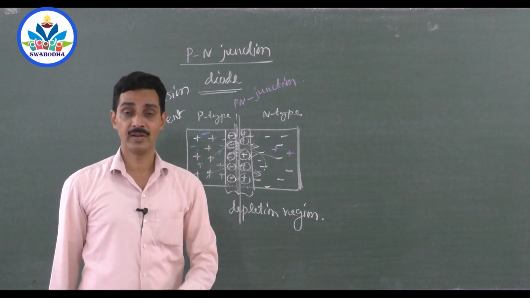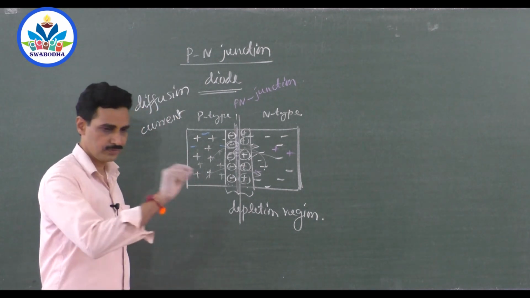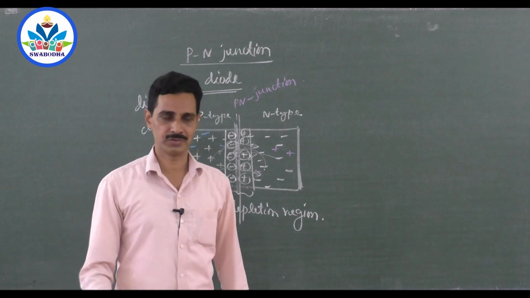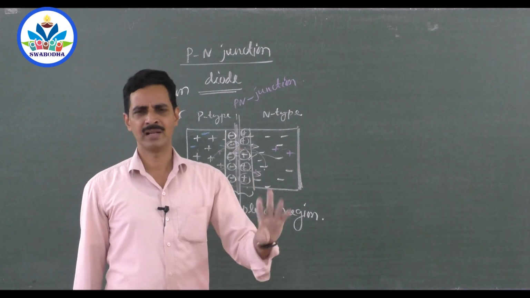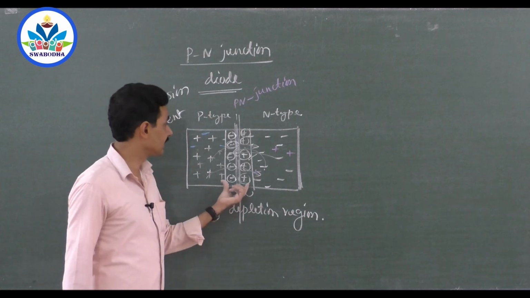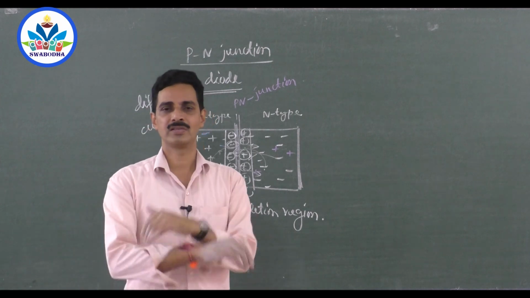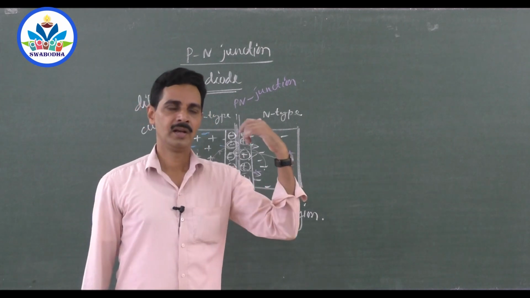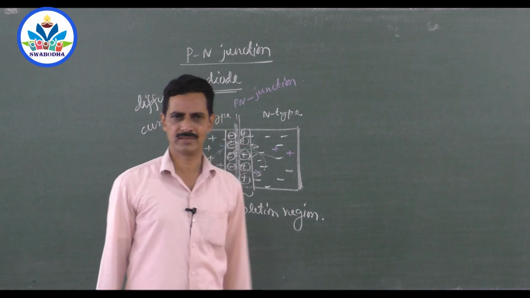Whether it is due to minority carriers, or majority carriers. You answer me. Another question, the depletion region created at the junction stops the migration of, again same options, minority carriers, majority carriers, or none of these.